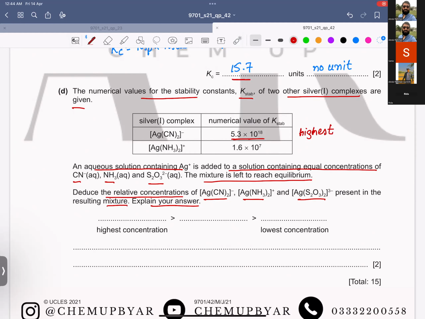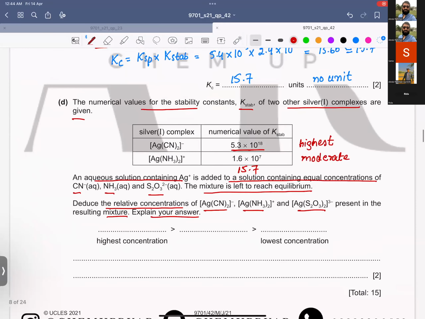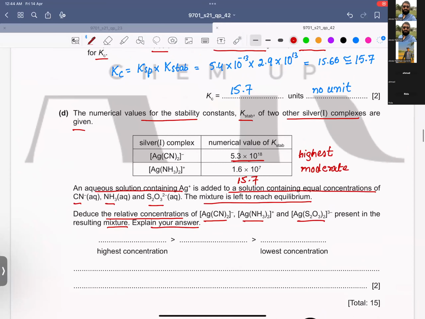Then it is just 15.7, and ammine has exponent 7. So I can consider it has a moderate concentration of these complexes in its solution. But it's 15.7. So we have to use the value of K step.